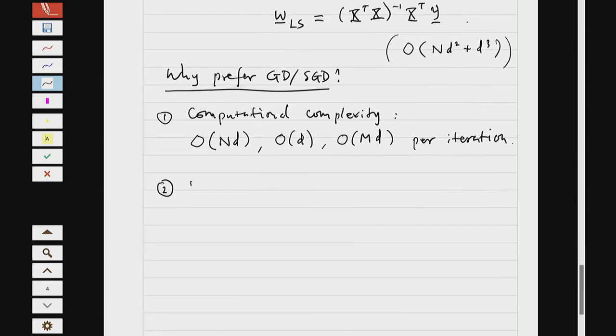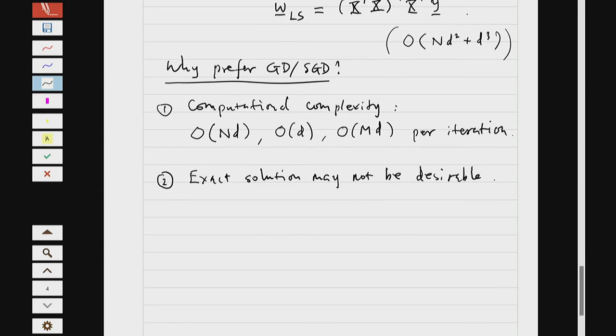So the exact solution may not be desirable, in fact very often it's not. In reality, of course, we only care about the testing error, not the training error.